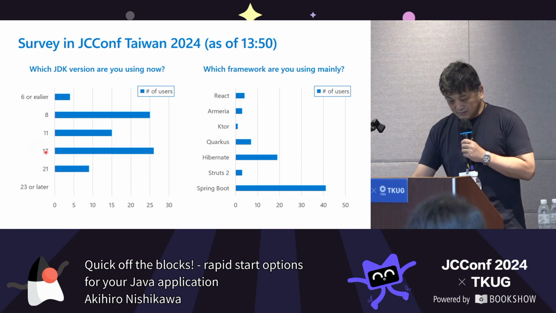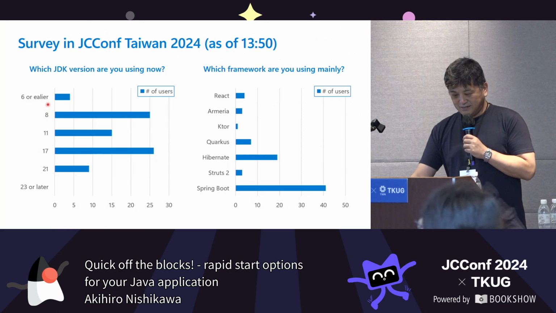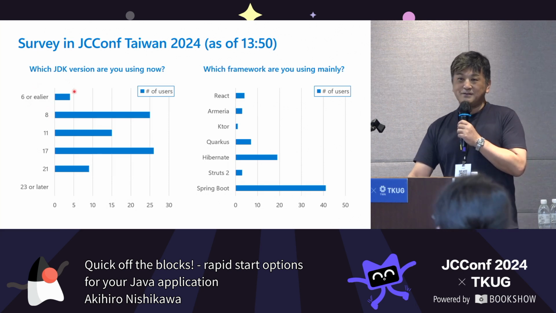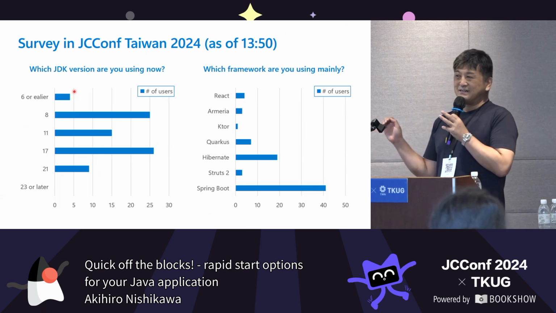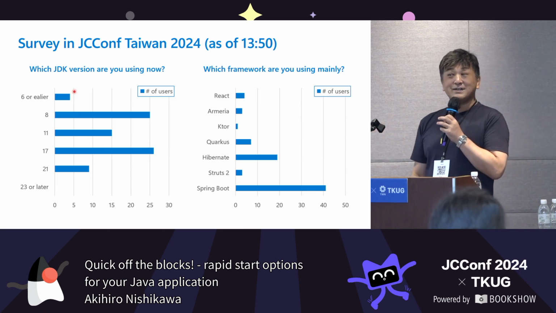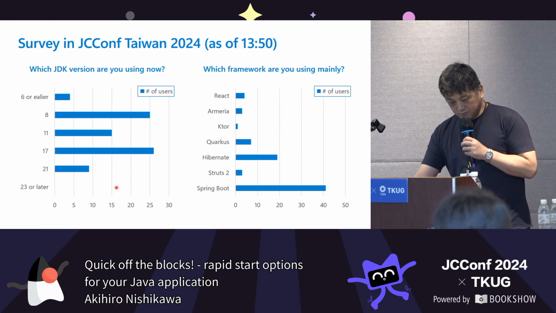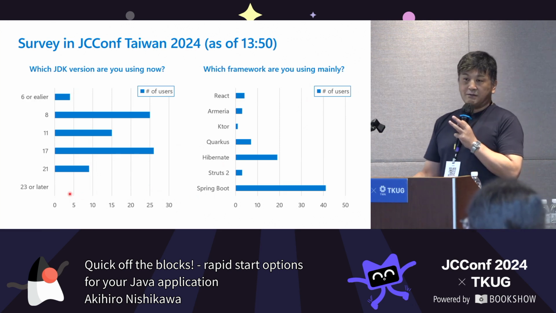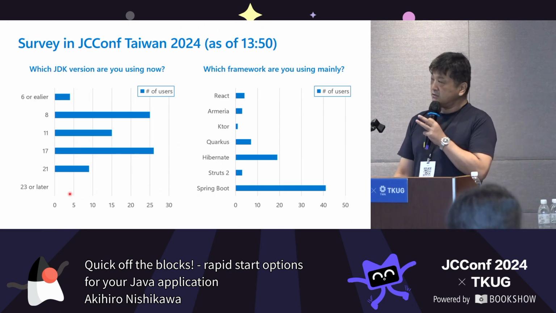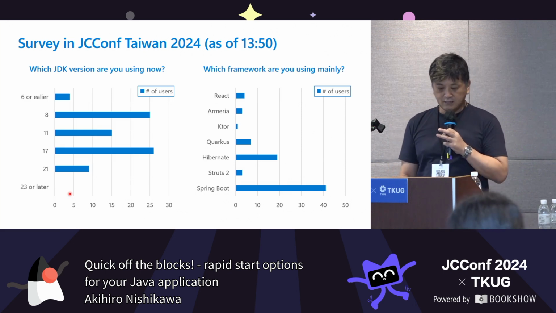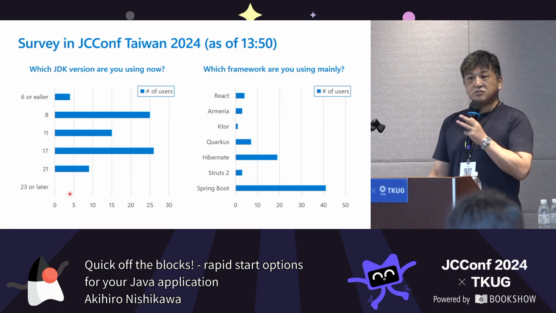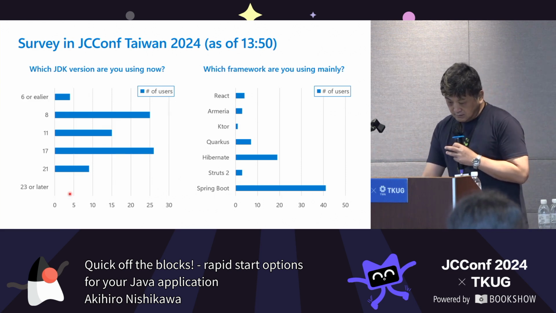It's maybe still 8, but some of you are implementing for work with older versions, and 23 or later is not available. No one uses 23 or above, but gradually the number of users will be increasing.